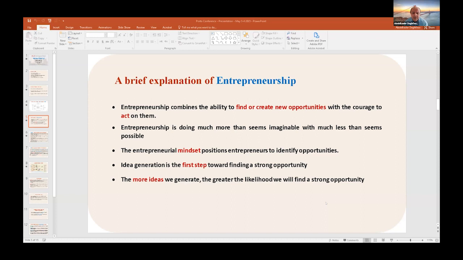Idea generation is the first step towards finding a strong opportunity. And this is where supply chain management will come in, in the process of generating ideas. In entrepreneurship, the more ideas we generate, the greater the likelihood we'll find a strong opportunity. So the number of ideas is also very important.